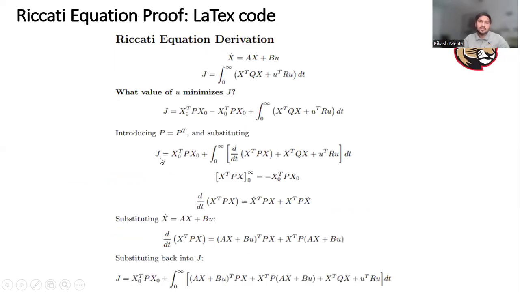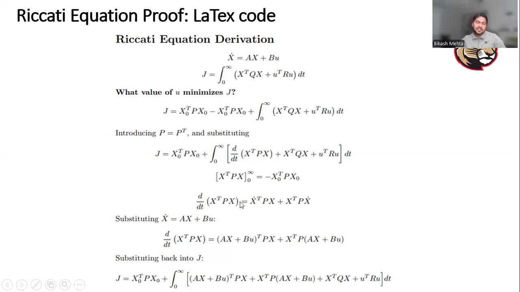So here is the Riccati equation derivation. The system is defined by this equation, and this is our state and our cost function. What value of u minimizes J? Actually, we need to find that. As we know, P is a symmetric matrix, so P equals P transpose, and after adding and subtracting terms and completing this, we get the same expression.